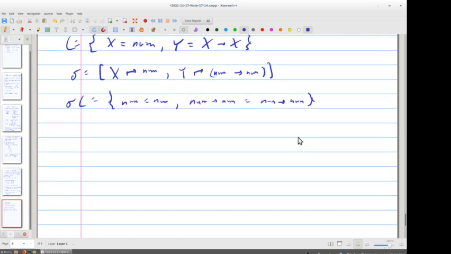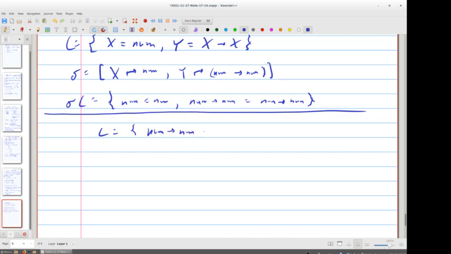Here's another constraint set. I'll say C equals num arrow num equals x arrow y. Now we want to find a unifier for that, a type substitution that solves the constraint set.